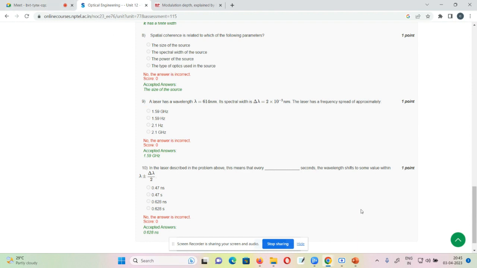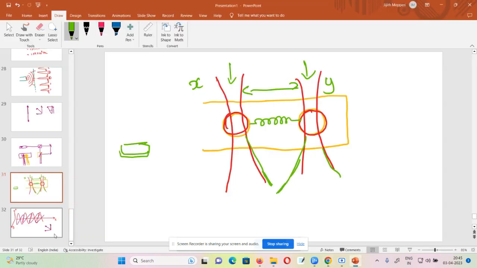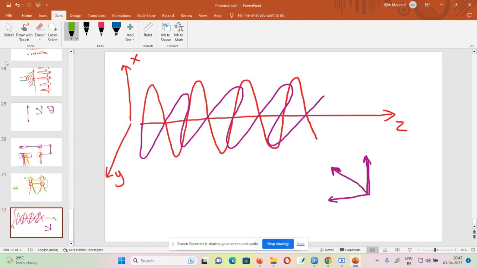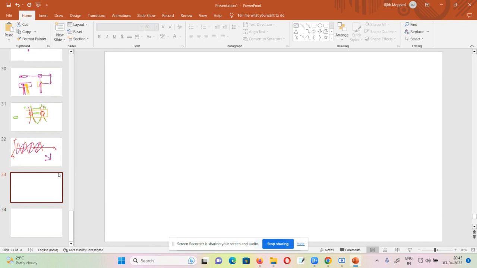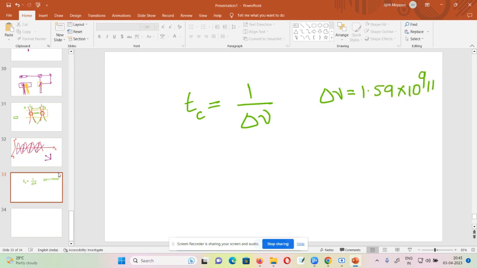The coherence time Tc you can write as 1 by delta nu. You already got delta nu as 1.59 into 10 raised to 9 hertz.